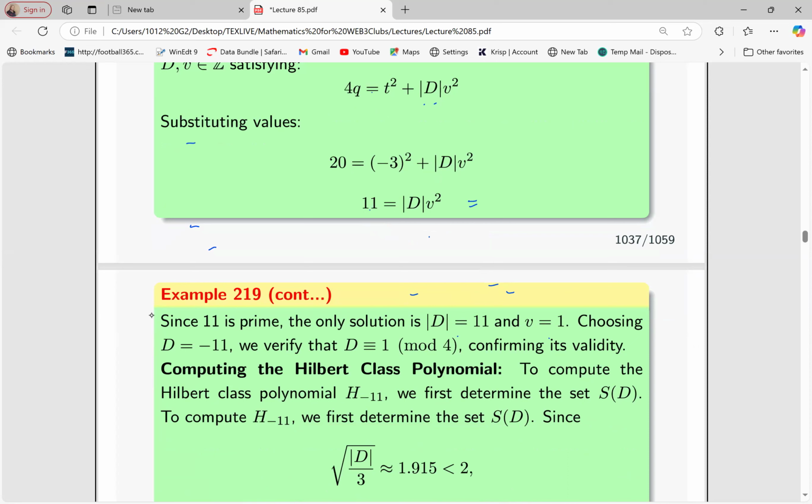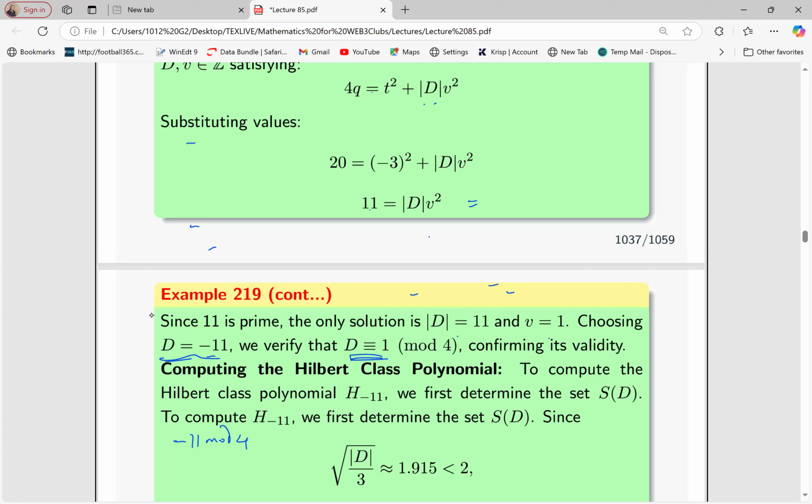So when we choose this one, it worked. But does it verify? What is -11 mod 4? It also accepts -11 mod 4 will be that.